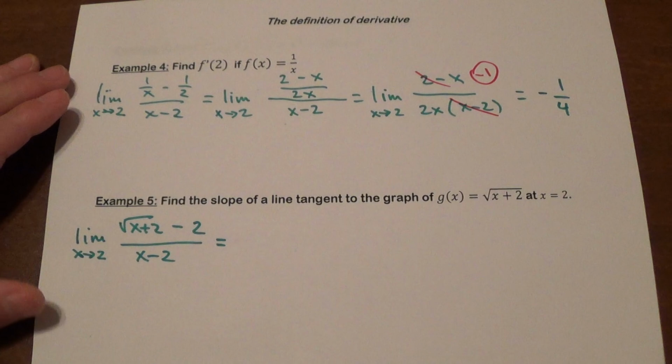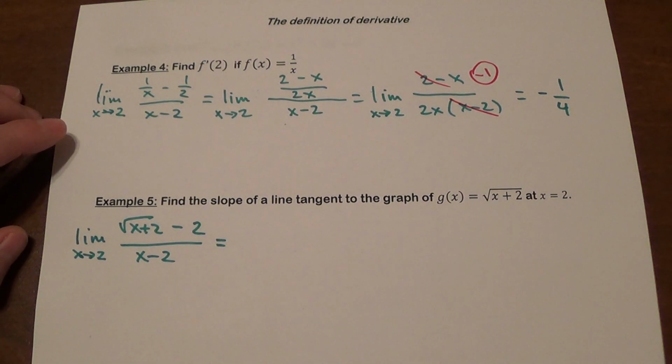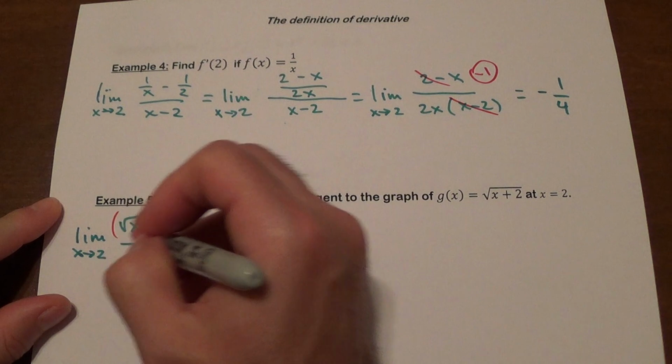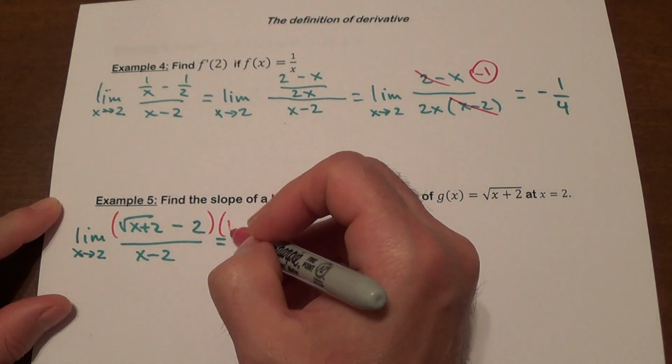So this is still 0 divided by 0. You get a 0 on top, 0 on the bottom. So what we can do here is use one of the other methods that you know, which is rationalizing. So we're going to multiply the numerator by the conjugate.